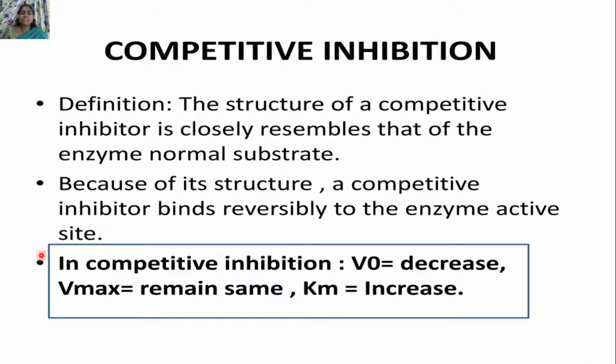If you plot the Michaelis-Menten equation, to calculate the rate of reaction, then in competitive inhibition the initial velocity decreases, Vmax remains the same, and the Michaelis-Menten constant Km increases. I told you the significance of Km in the last video.